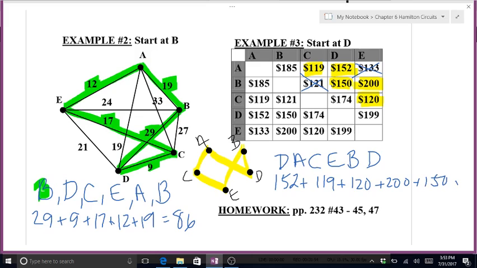Okay. 152, 119, 120, 200, 150. Gives me a grand total of 741.